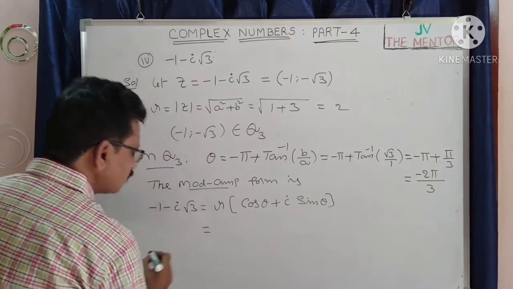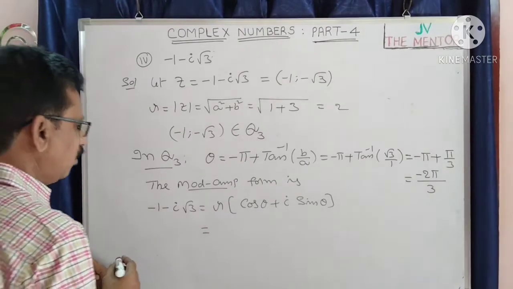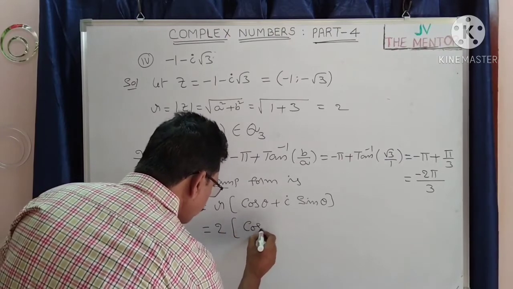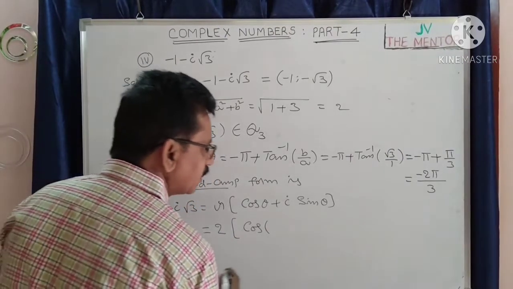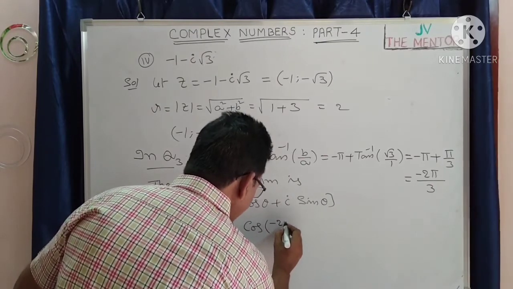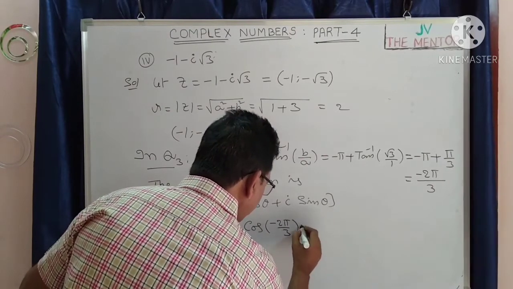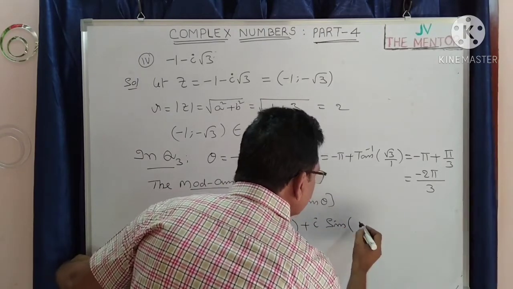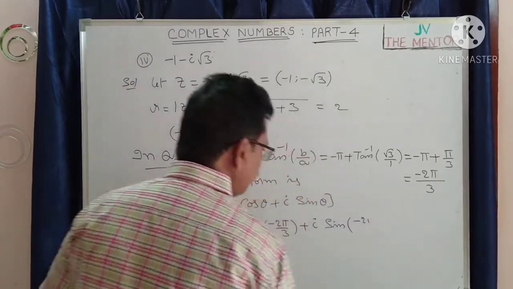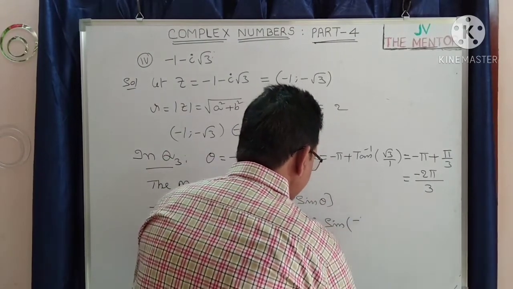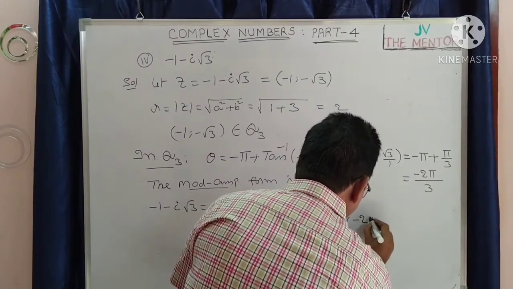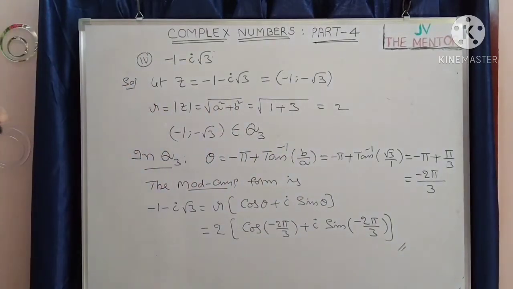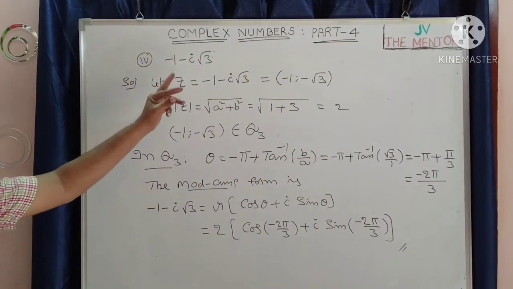Now substitute the values of r and theta. What is the value of r? Here r is 2 into cos of minus 2 pi by 3 plus I sin of minus 2 pi by 3. This is the modulus amplitude form of the complex number.